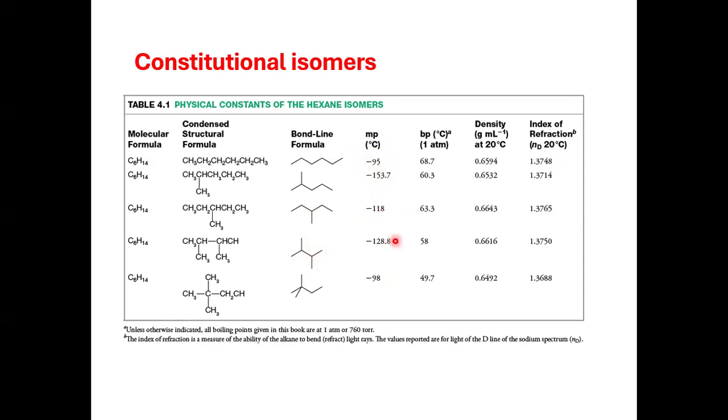The highly branched hydrocarbon would have a lower melting point, and the less branched hydrocarbon would have the highest boiling point. And why is that?